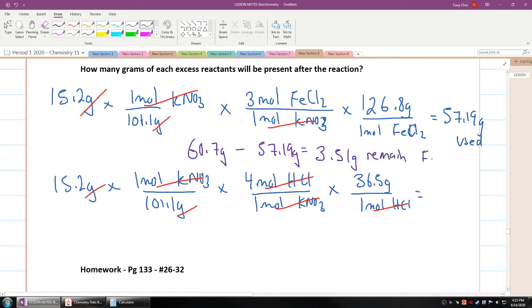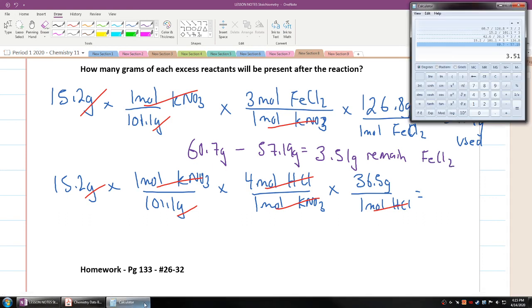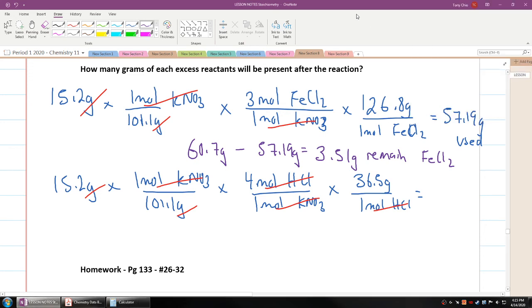This is for FeCl2. Let's do this with HCl. So with HCl, how much is used up? 15.2 divided by 101.1 times 4 times 36.5. And we see that we used up 21.95 grams. Well, how much HCl did we start with?